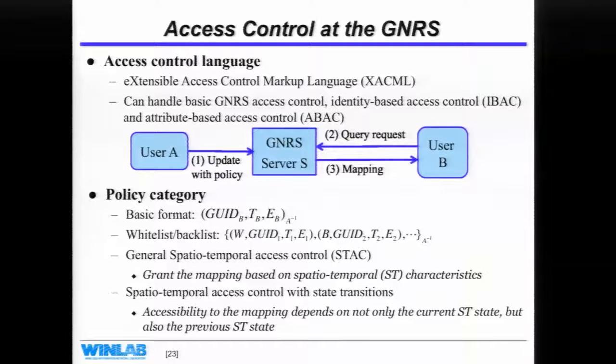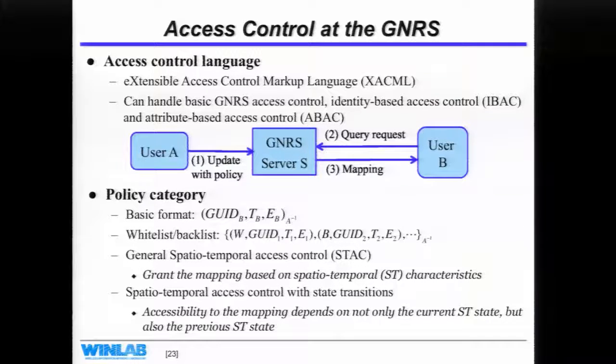Further, we looked into two versions of spatio-temporal access control, which are closely related to mobility. The first one is a general spatio-temporal access control, where the mapping is granted based on the location and the time characteristics of the courier. A more complicated version is a stateful spatio-temporal access control.